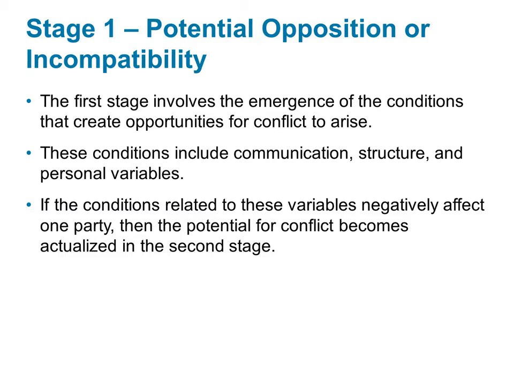Conditions come first. If those conditions set a perfect storm, then in stage 2, the conflict becomes apparent to the group members. Actualization then requires that one or more parties perceive or experience the conflict.